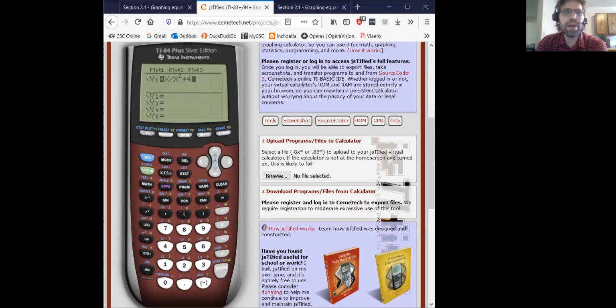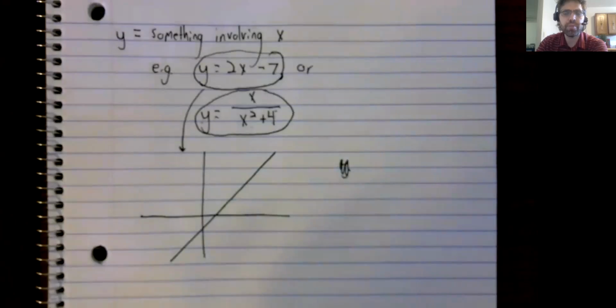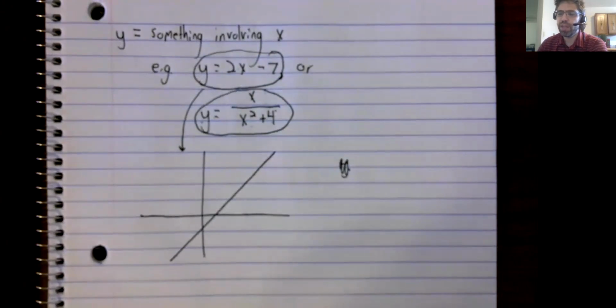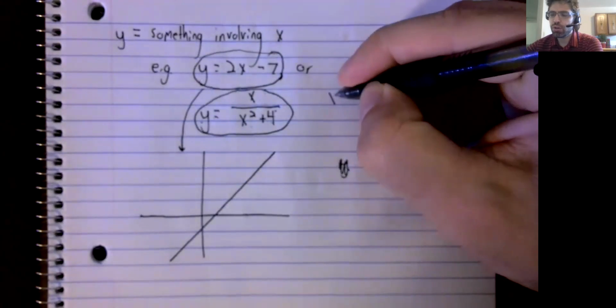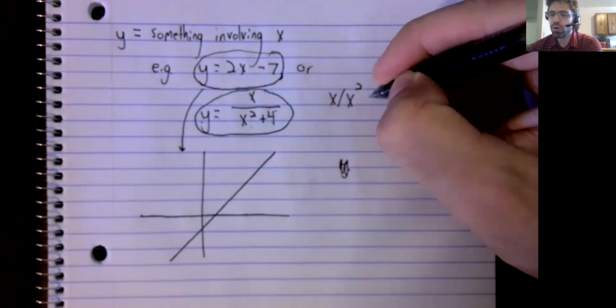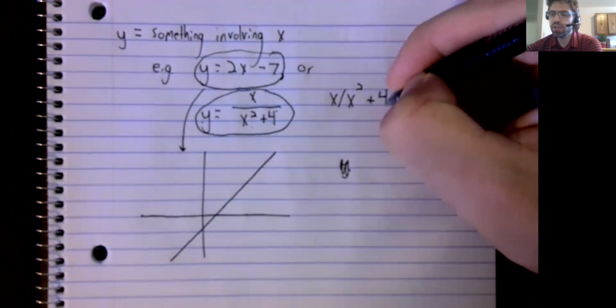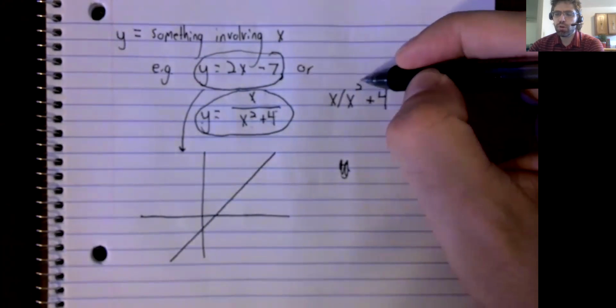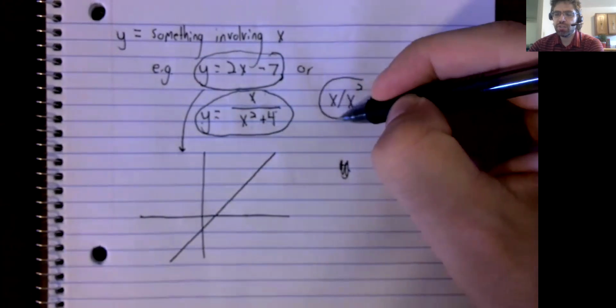Let me go back to remind you what we are trying to graph. We're trying to graph this. And what we entered into our calculator was this. And our calculator will follow the order of operations.